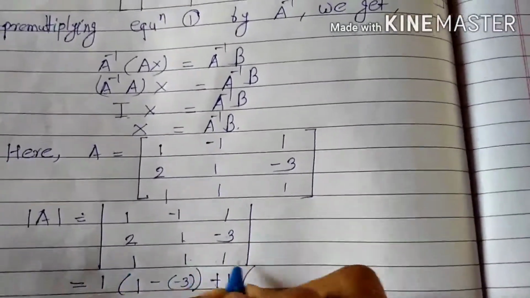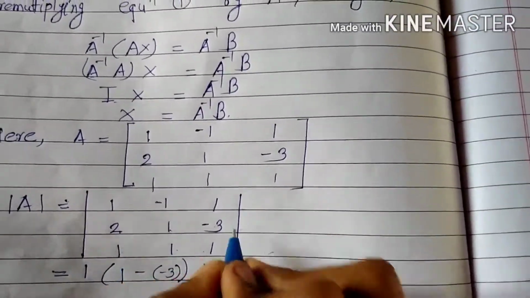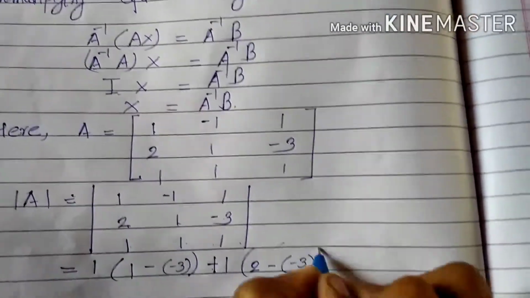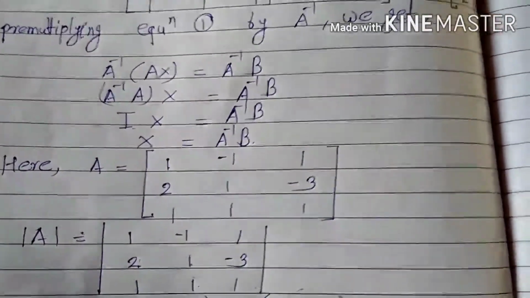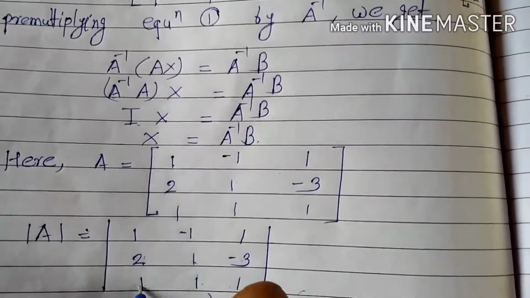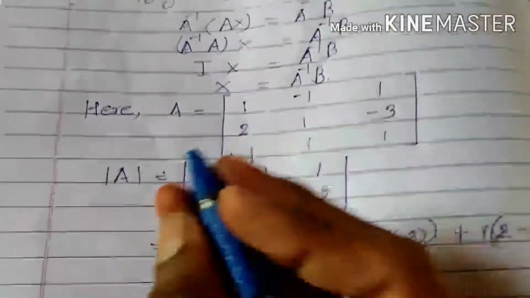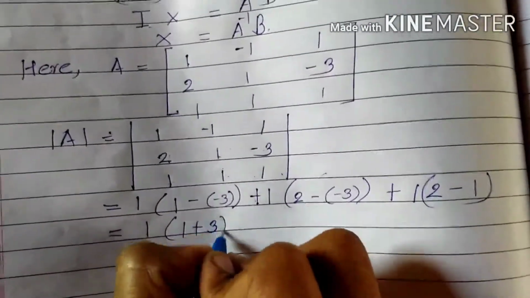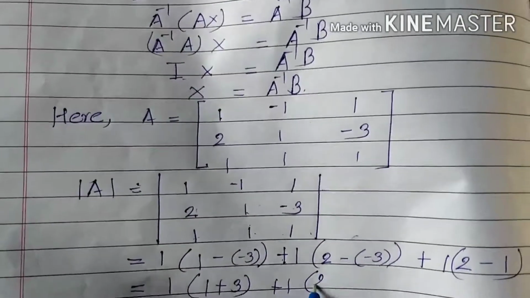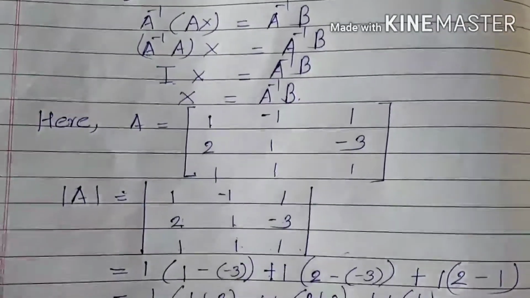And next 2 into 1 2 minus 1 into minus 3, plus 1, so 1 2 into 1 2, 1 into 1 1. So answer is 1 1 plus 3 plus 1 2 plus 3 plus 1 and 1.